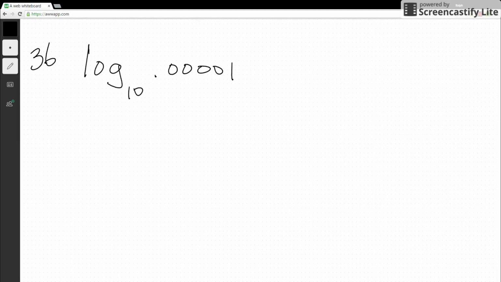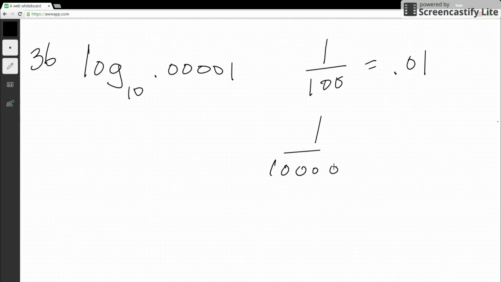If I get a calculator to experiment a little bit, 1 over 100 gives me 0.01. So I'm going to need 3 more zeros. Let's see what happens with 10,000. So 1 divided by 10,000, and that seems to work right there.